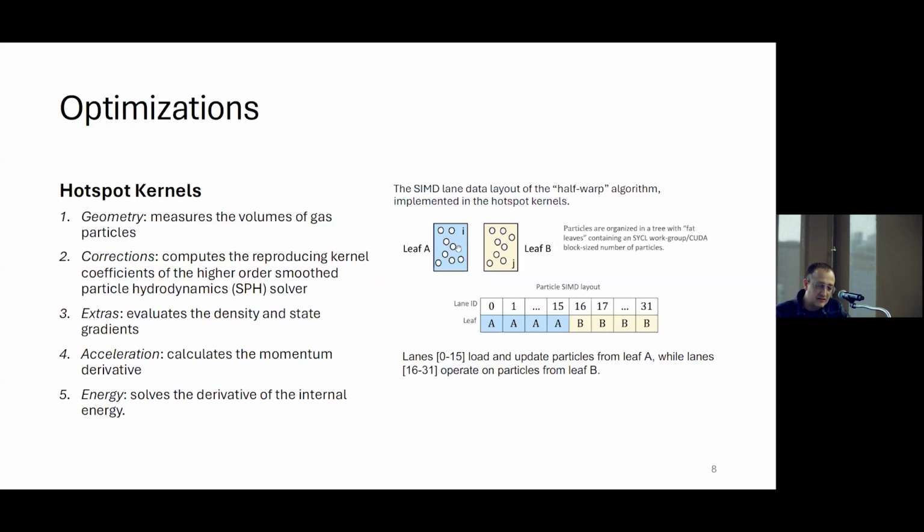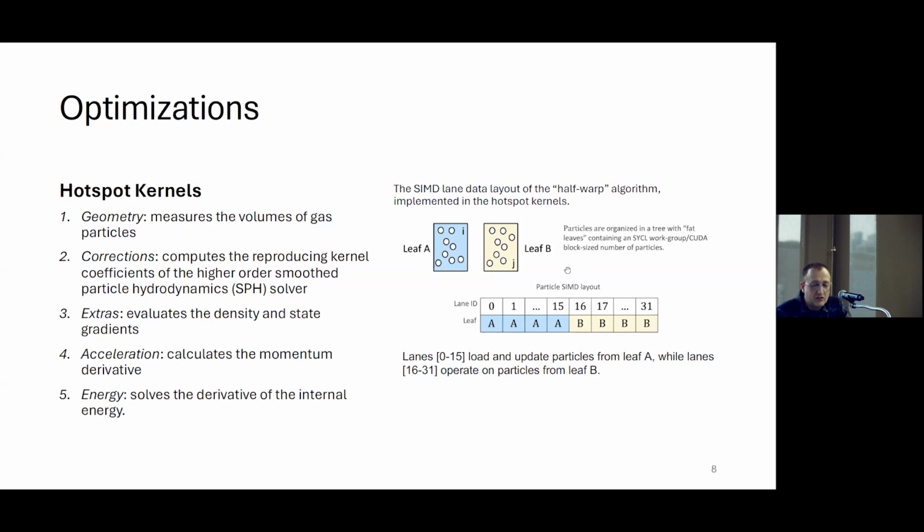In a recursive volume decomposition, we have a tree data structure with a fat leaf collection of particles. And we identify which leaves are spatially close enough to each other that all of the particles in one leaf need to interact with another set of particles in another leaf.